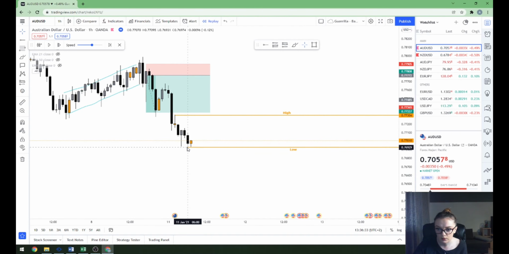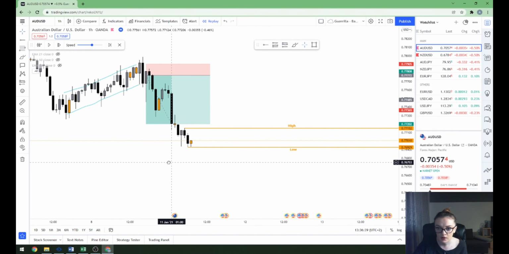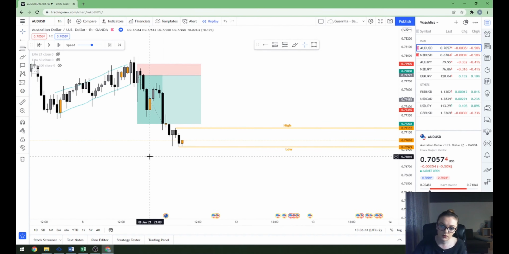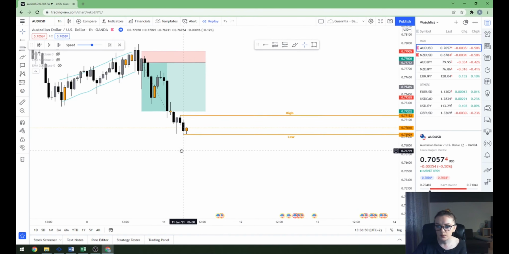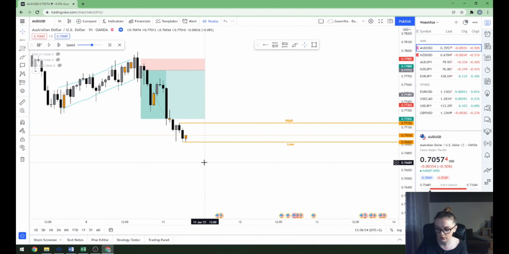Yes, this is a new low, so this will be our new high, and our stop loss is right here. For the moment, I'm not looking for scalings because, as you can see, we started to form a descending channel here, so we might expect the price to go in the opposite direction soon.